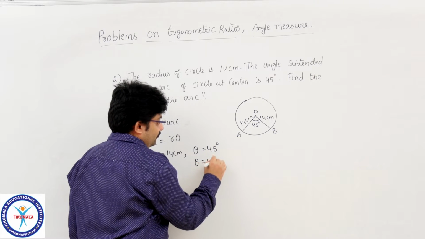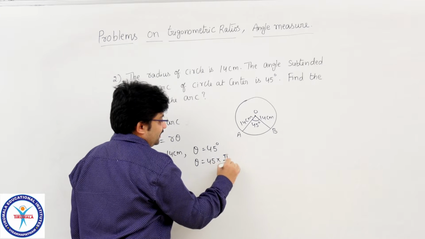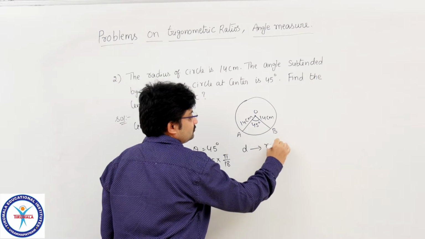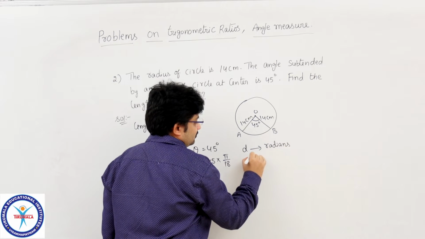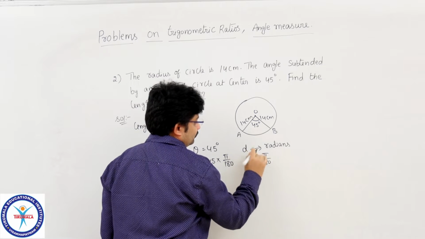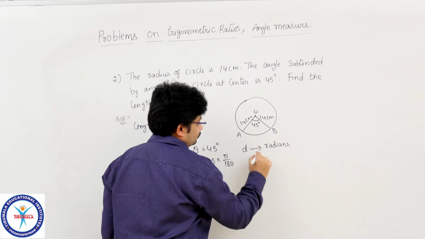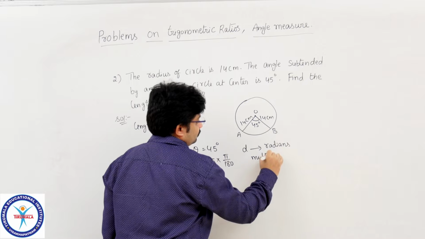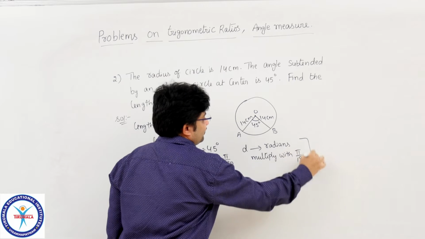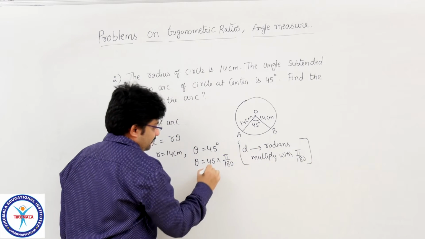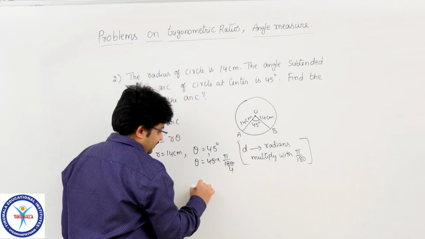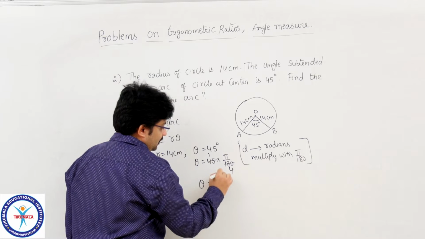Theta is equal to 45 into pi by 180. That means to convert degrees to radians, we multiply with pi by 180. Then it is converted into radians. That means 45 ones and 45 fours. Then theta is equal to pi by 4 radians.